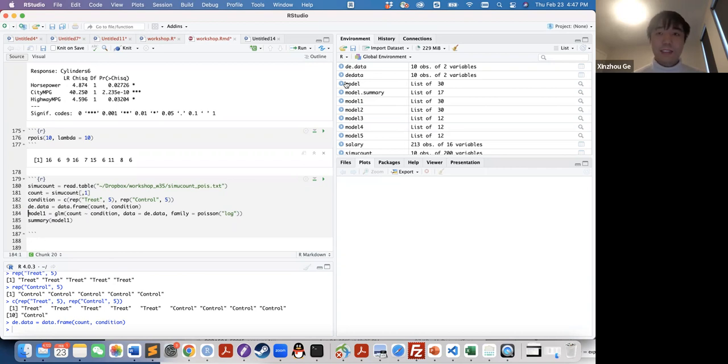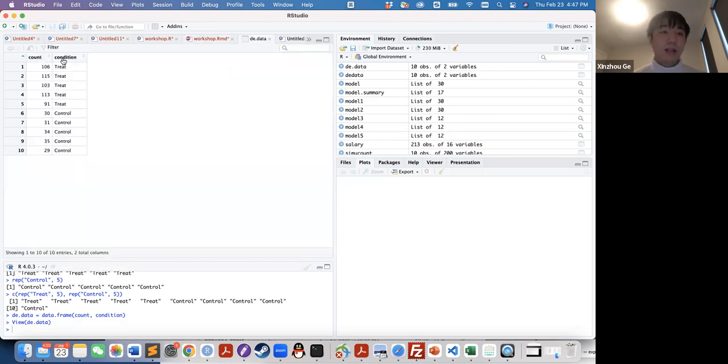Looking at the output, we can see that in de.data, this data frame has two columns. The first column is count, the second column is condition, and these two columns describe the responses and predictors for our first gene. And then we can use a regression model to see whether this gene is a DE gene or not.